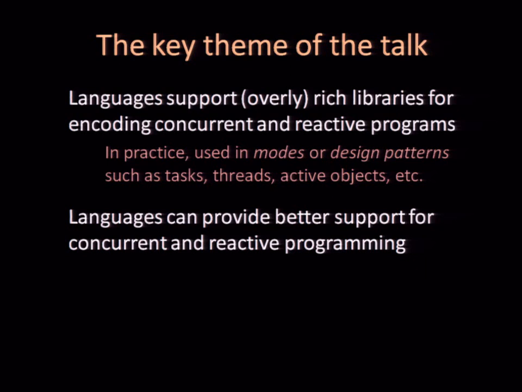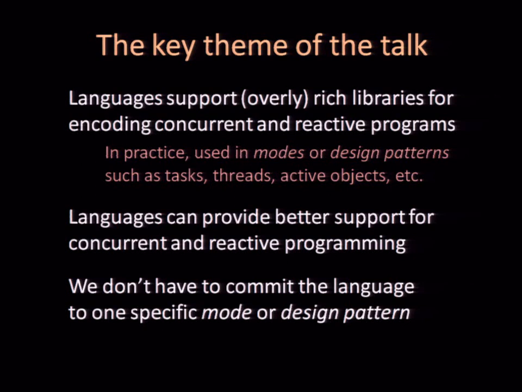There are many languages that support some concurrency or reactivity as a language feature, but I also think that we should do this without the language specifying directly what kind of concurrency mechanism or reactive programming mechanism it is using. So I'll talk about an extension that lets you encode various different programming models in F#.